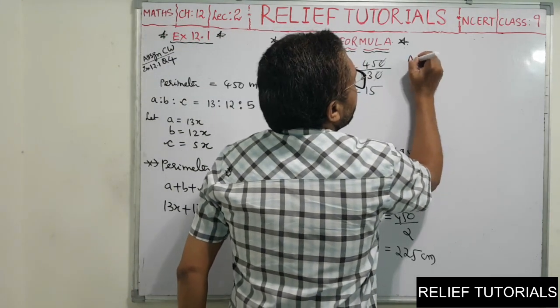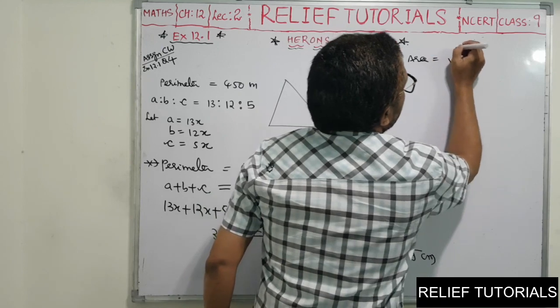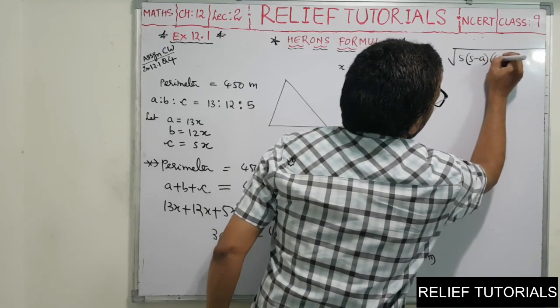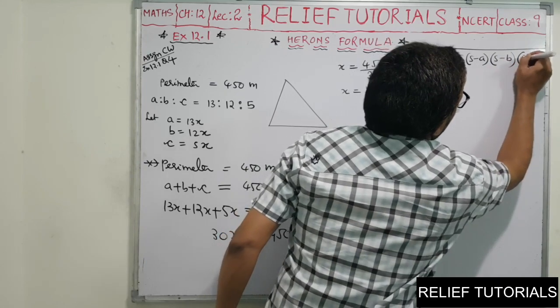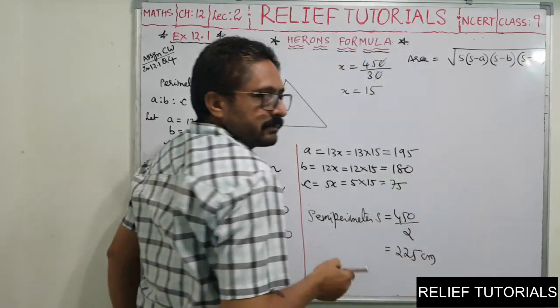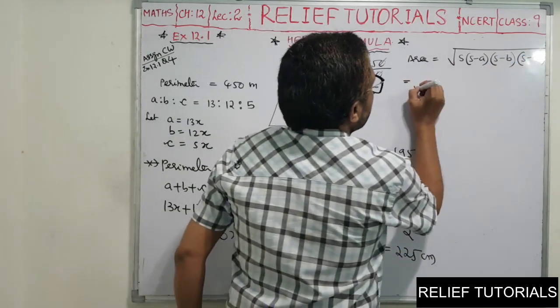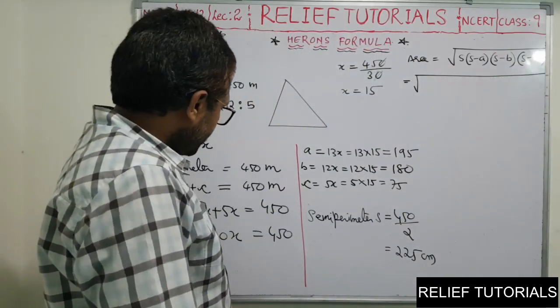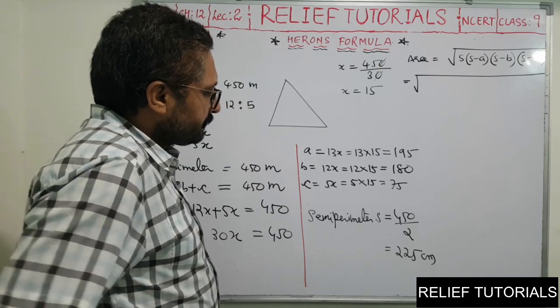So now area equals to under root of S, S minus A, S minus B, S minus C. So here we will get S. What is S? 225.